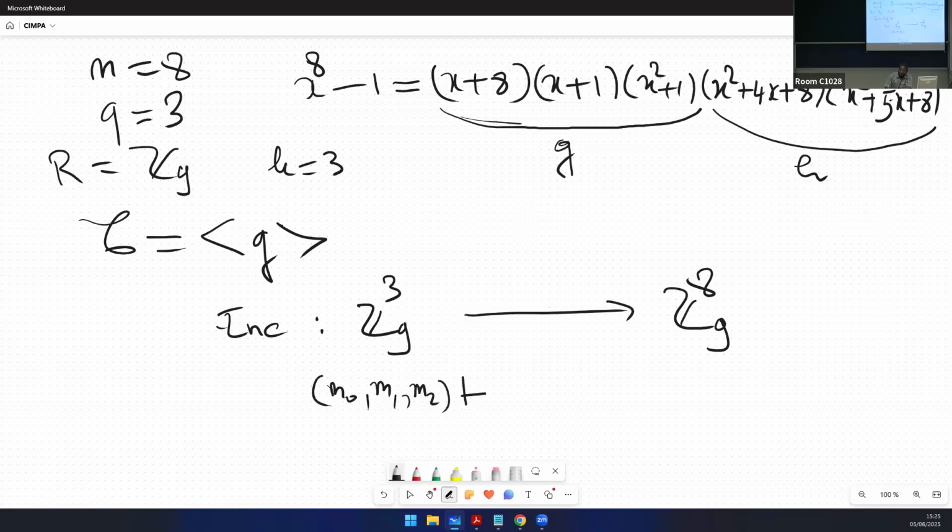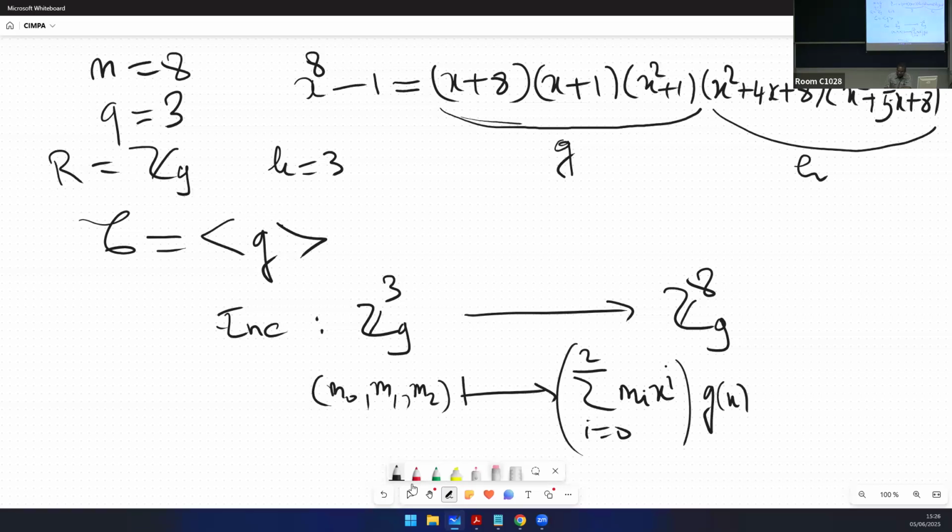Okay, this message m plus g modulo, we have Z9[x].